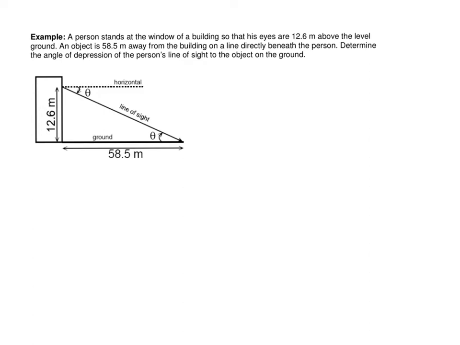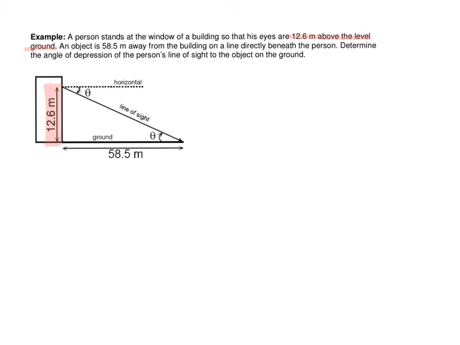So we have a lot of information here. Let's start out with what we're told about the person's eyes. We're told that this person's eyes are 12.6 meters above the level ground. That is our height for this triangle.